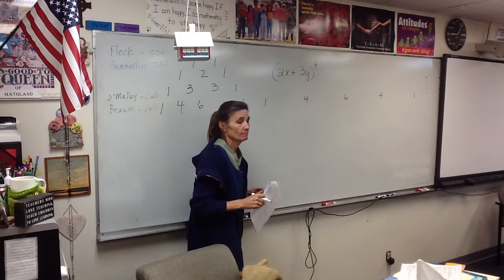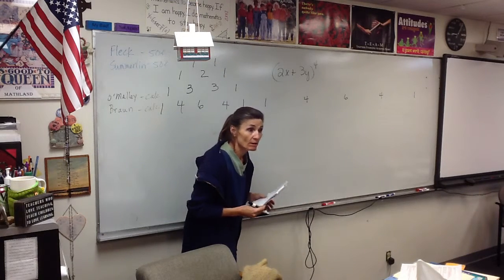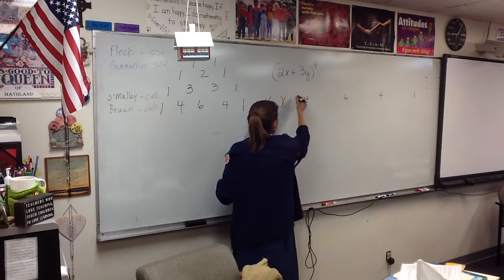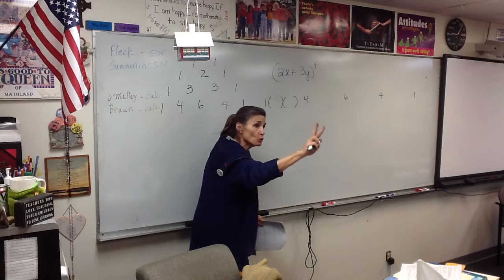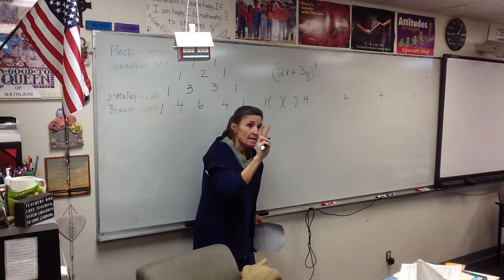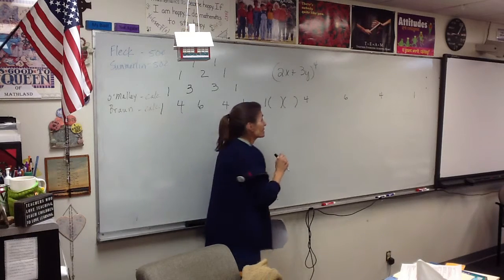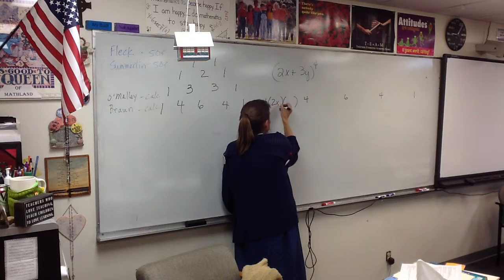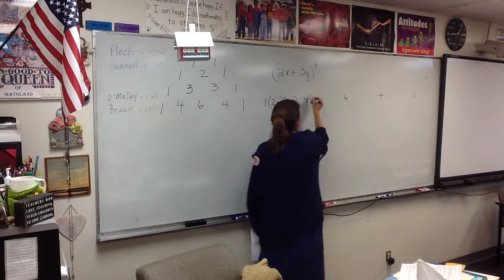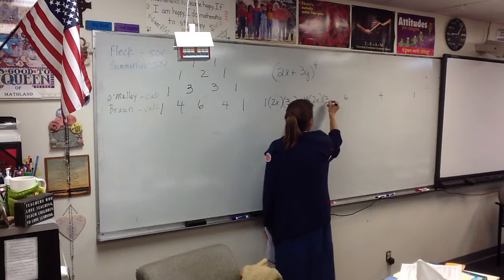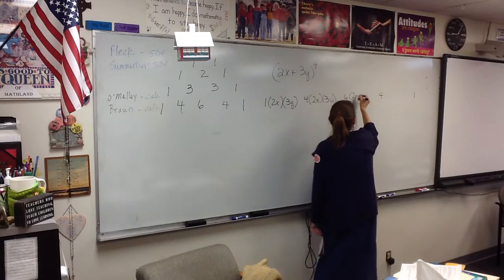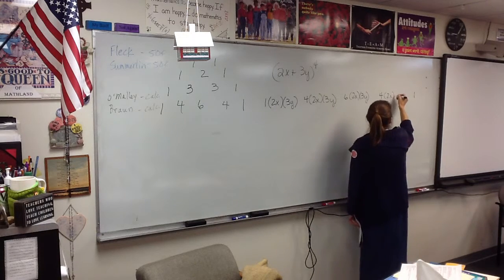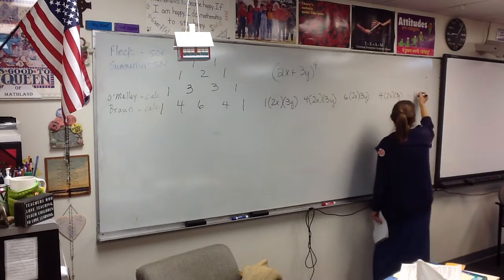What's next? Fill in the variables. Next to each of the numbers you just wrote, there are going to be 2 parentheses. In the parentheses will go 2x and 3y. One of those goes next to every number.